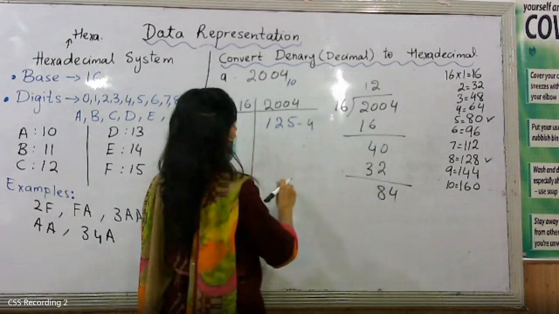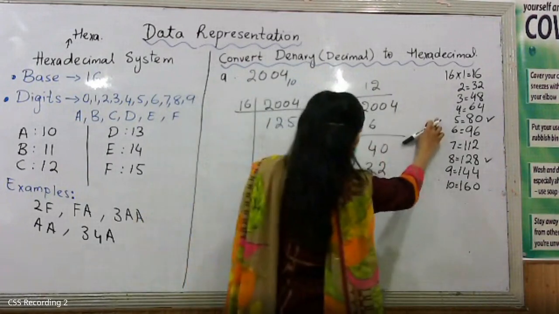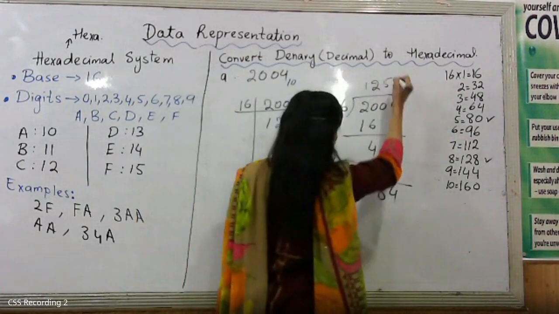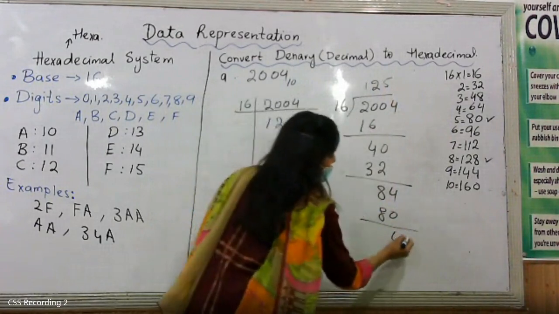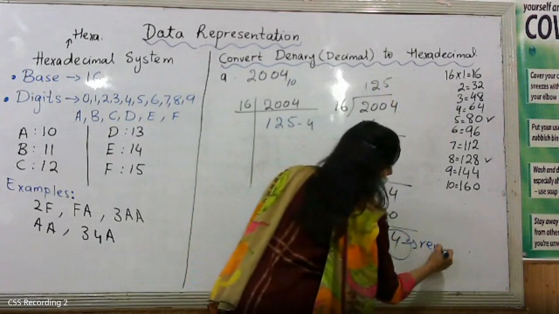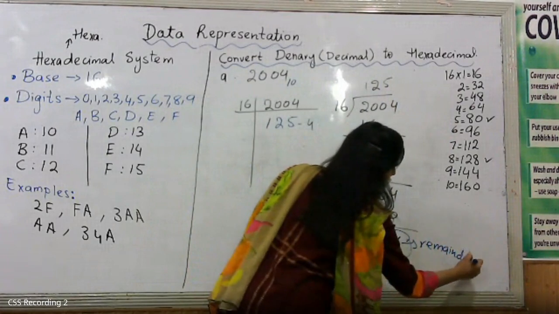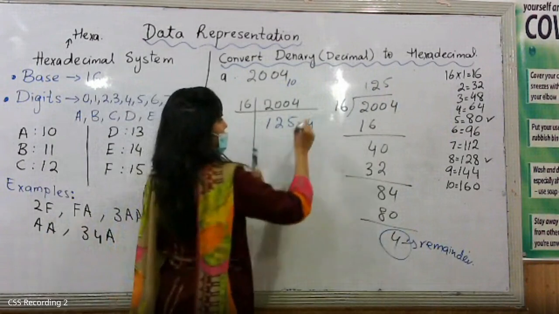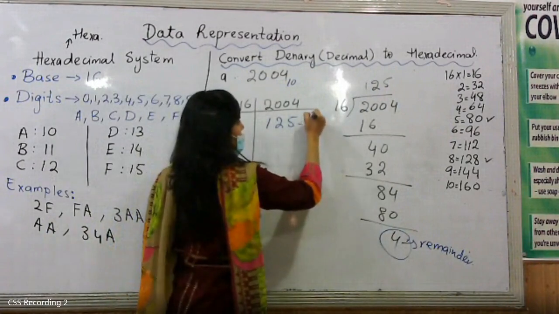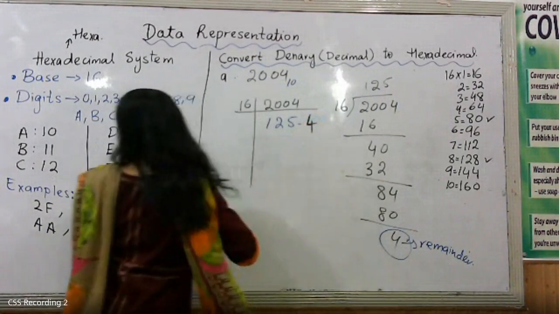And 84, how many times? 5 times 80, and we got the remainder, that is 4, right? Can you see it clearly? That is 4.